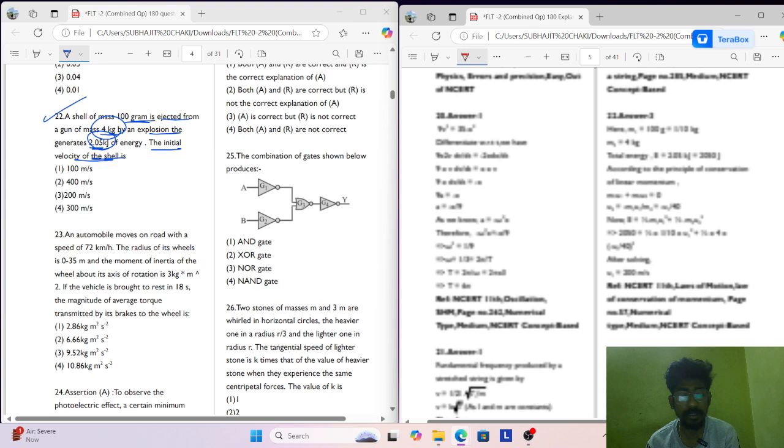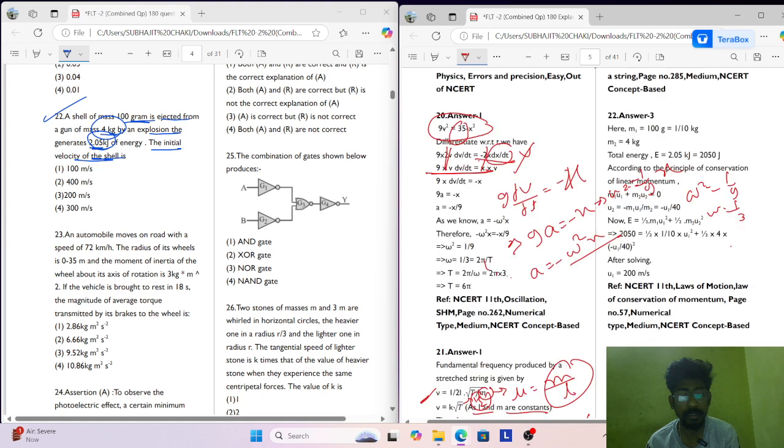Mass of the bullet is this, mass of the gun is this. 100 gram means 100 by 1000, that is 0.1 kg. This is 4 kg. The recoil velocity formula you can apply.